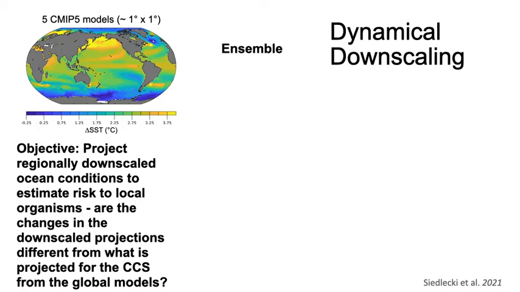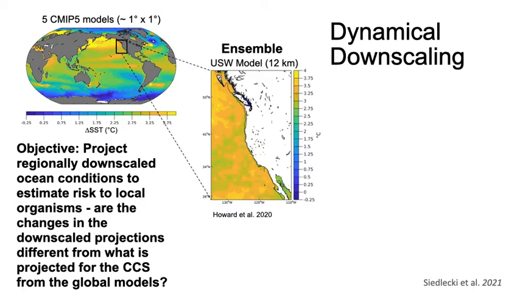Our objective was to project regionally downscaled ocean conditions in order to estimate risk to local organisms, thereby asking whether the changes in the downscaled projections are different from what is projected for the California current system by the global models. For those global models, we used 5 different CMIP5 models, which created an ensemble for us. We first downscaled a West Coast wide, California current wide simulation at 12 kilometer resolution, which you can read more about in Howard et al. 2020.